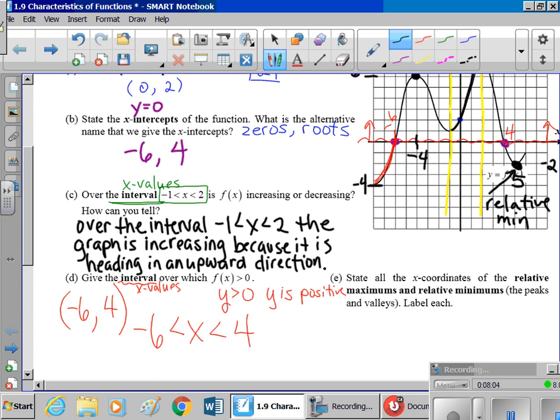Nope, negative 4 and 5. X values again, x coordinates. So negative 4 is our relative max, and positive 5 is our relative min.